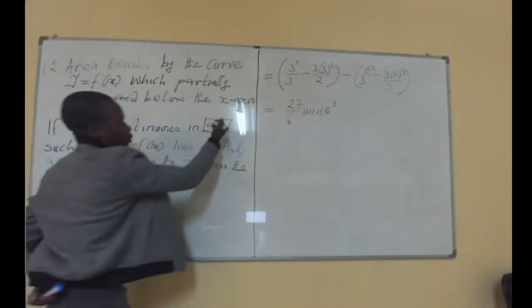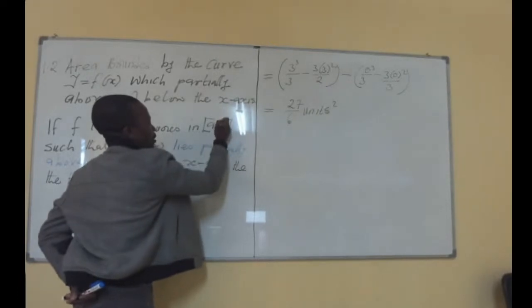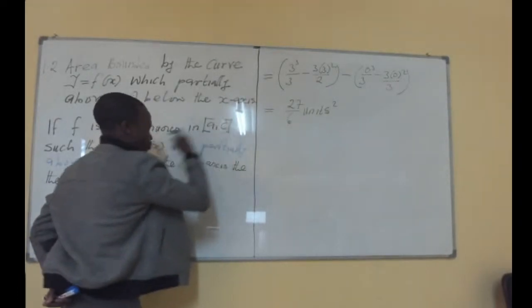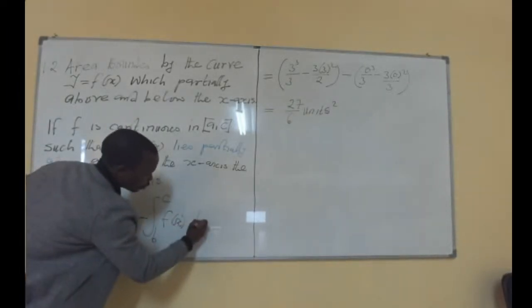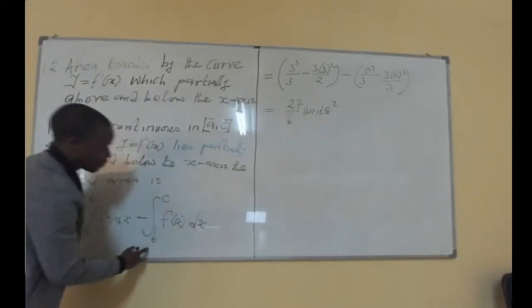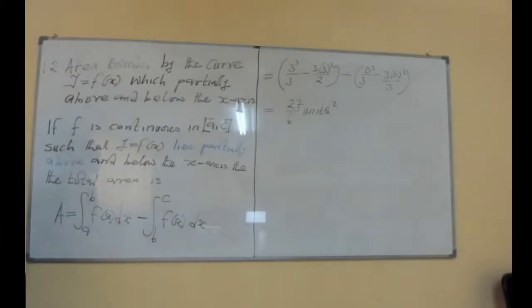Sorry, I was supposed to write here A to C, not A to B. From B to C, the curve lies below.